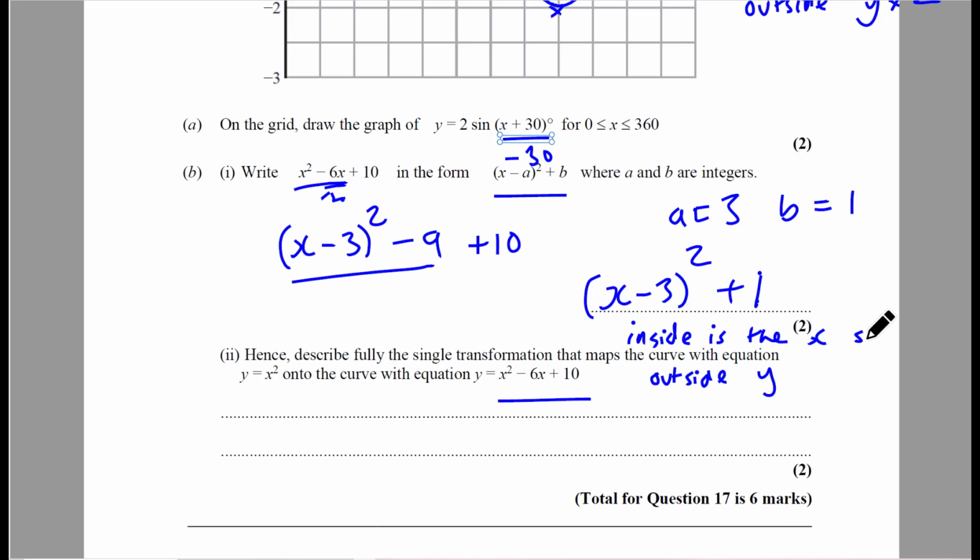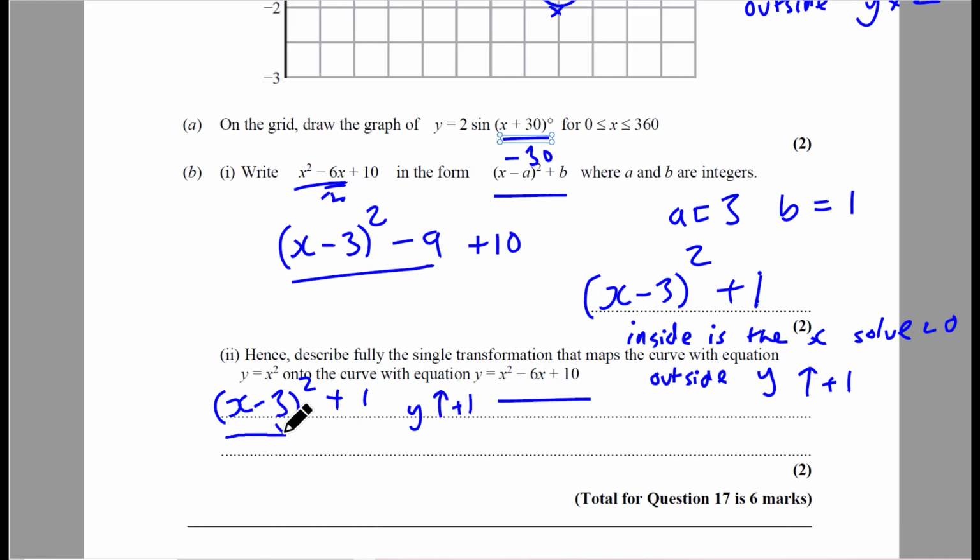But you have to solve, or make it equal 0. So outside, it's going to go up the y-axis plus 1, because we've got a 1 on the outside from here. I'm just going to write this here. So the y is going to be going up plus 1.